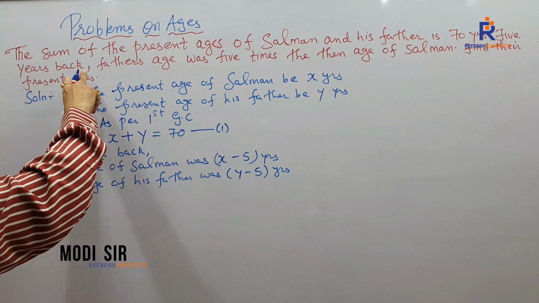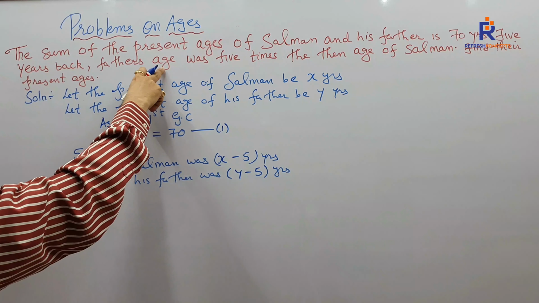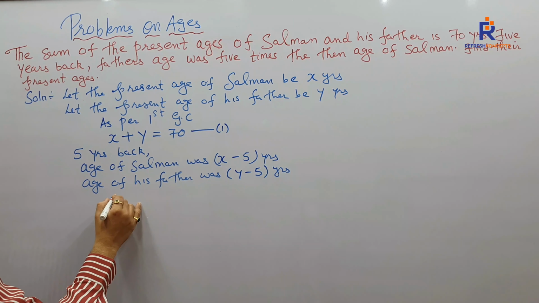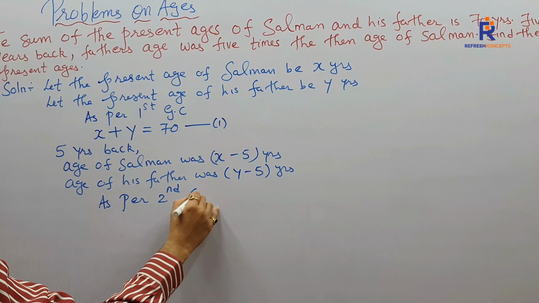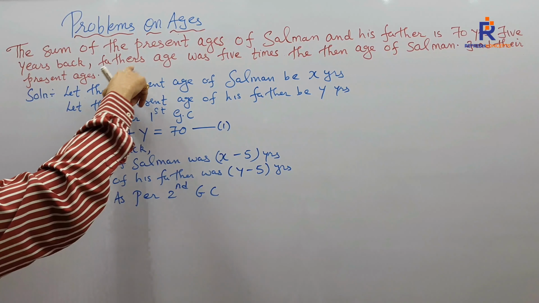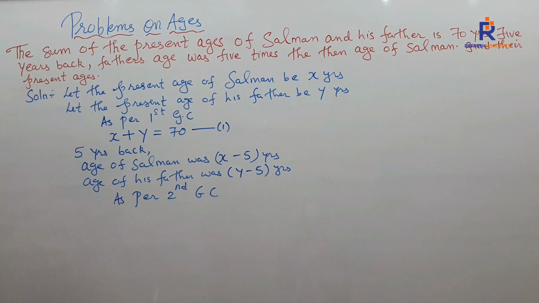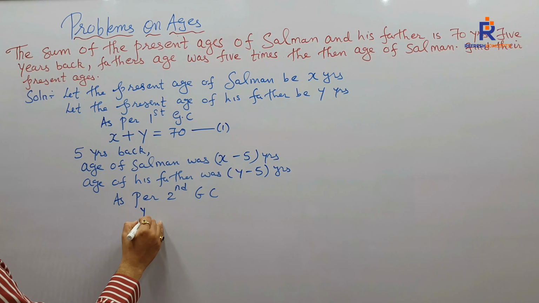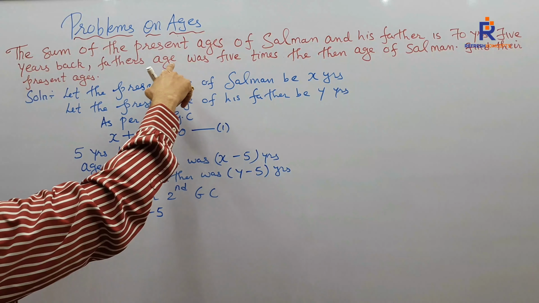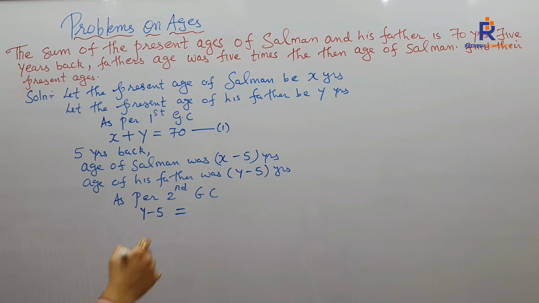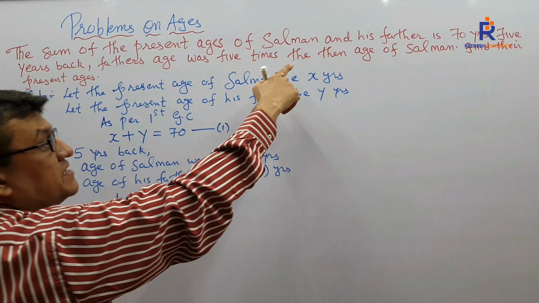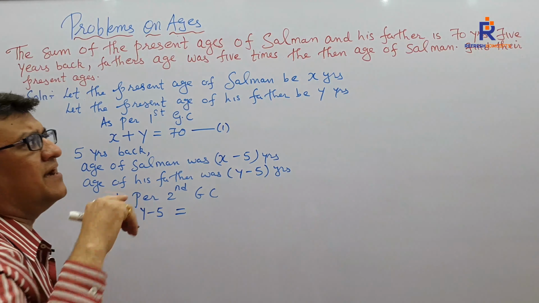5 years back. Father's age, as per second given condition. Is this the father's age? So Y minus 5. Father's age was 5 times the then age of Salman.